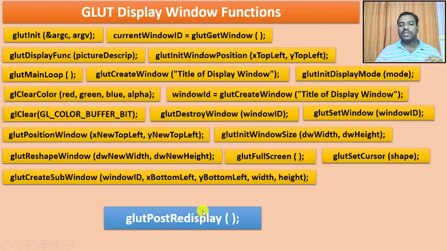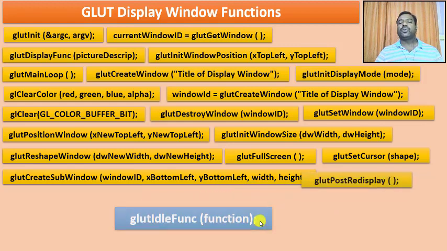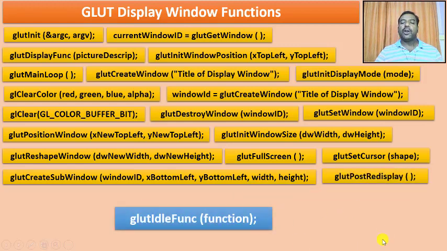Upon execution of this API, it triggers or calls the display function, and this is how glutPostRedisplay works. And once your program has finished execution, it is going to be in the idle state, and whenever your program is in the idle state, the glutIdleFunc will be triggered, and you can call any callback function in this.